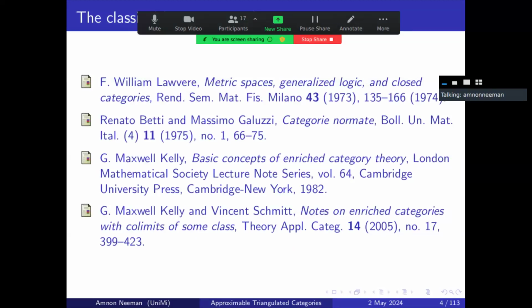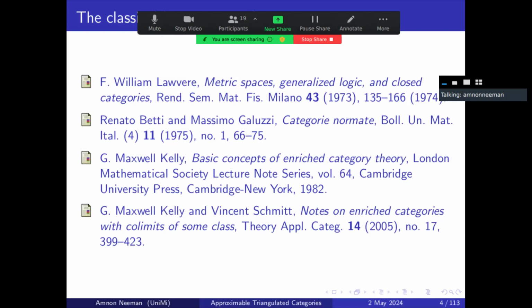One of the basic things you can do, once you have a category with a metric, is define what you mean by a continuous functor. Once you have two categories, both of which have metrics, it makes sense to ask for a functor to be continuous, and also to be uniformly continuous.